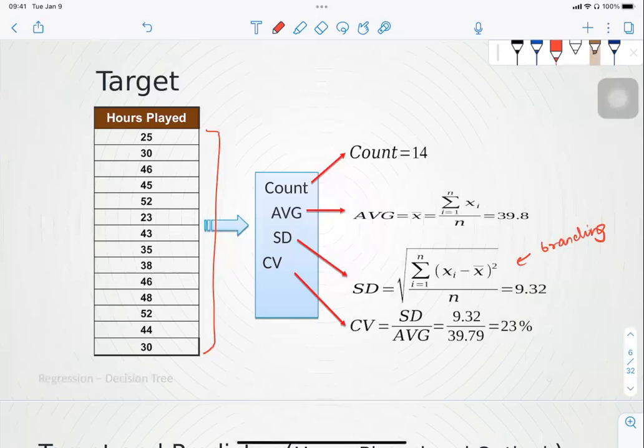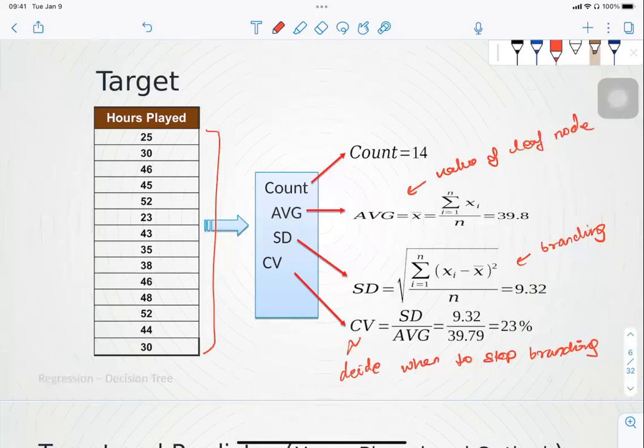Next is the coefficient of variation, which helps us decide when to stop branching and basically go to the leaf node. And the average is the value of the leaf node.